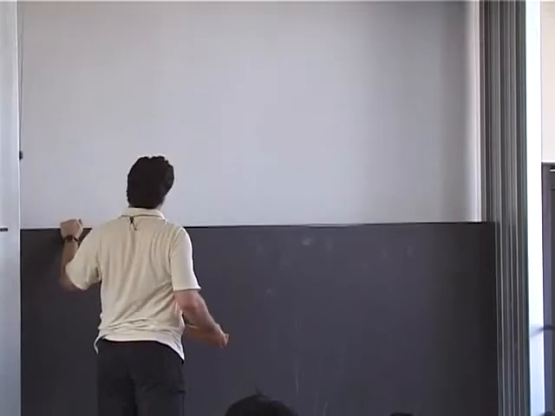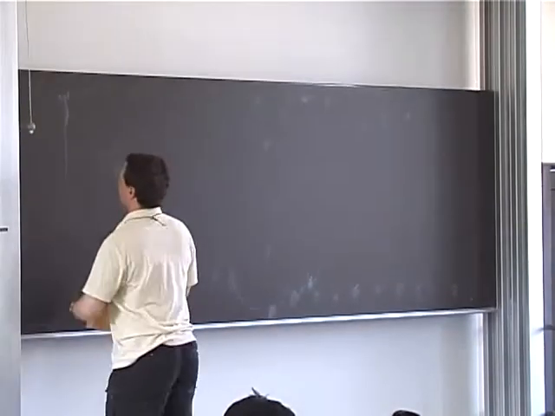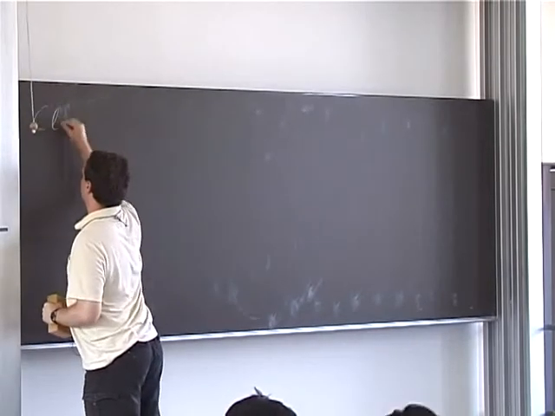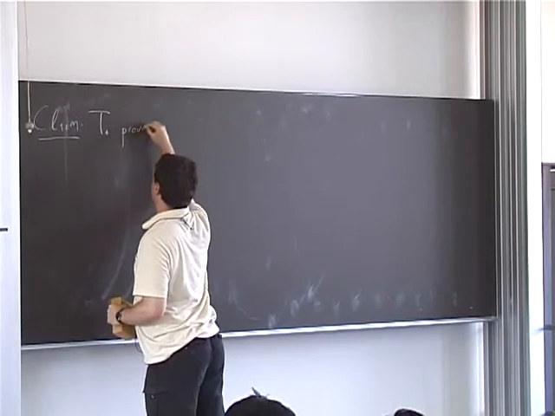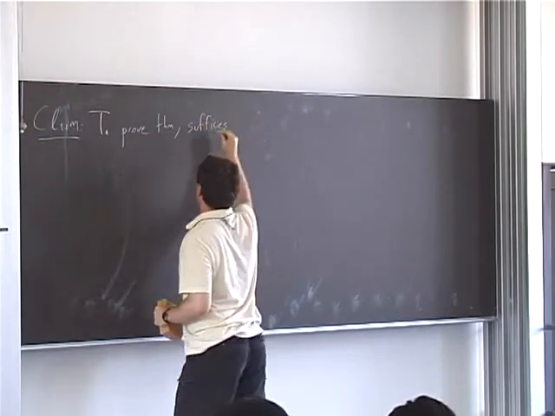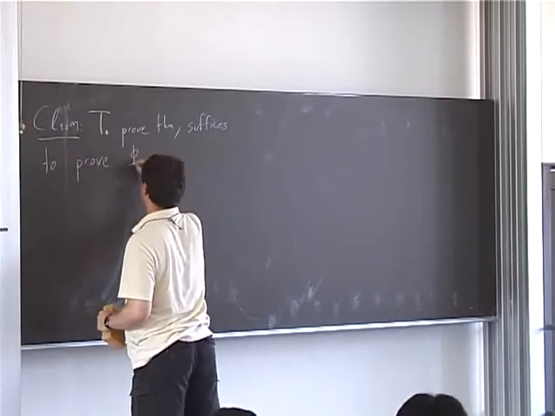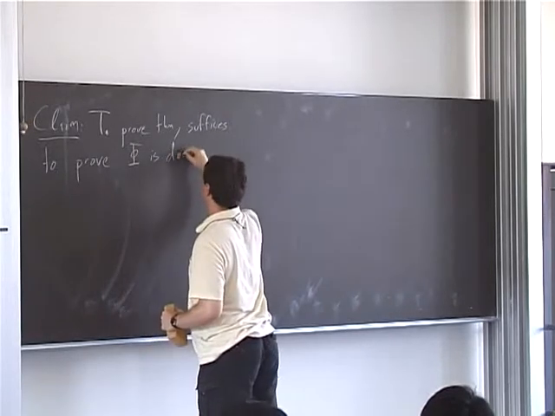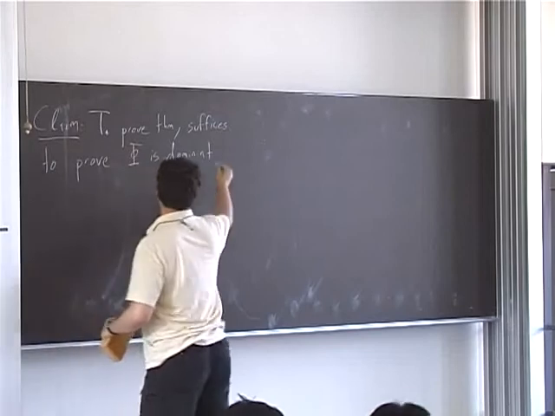So because of this, it will suffice to prove that the map phi is surjective. Claim: it suffices to prove the theorem. In fact, it suffices to prove phi is dominant, that the image of phi contains a non-empty Zariski open subset. And why is this?